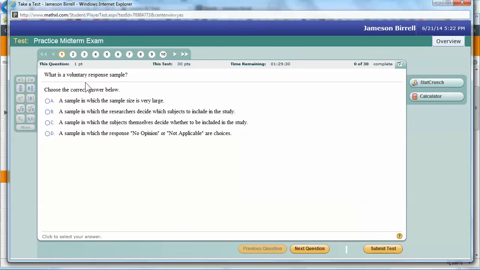So, what is a voluntary response sample? This comes from chapter 1 when we were originally talking about voluntary response sampling and all the other samplings: convenience sampling, systematic sampling, cluster, stratified, and where we started to nail down that we really wanted random sampling and most especially simple random sampling. There was a great animation on the difference between random and simple random.